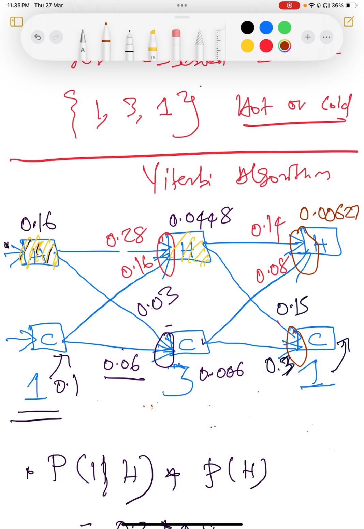What is 0.14 into 0.0448? You got 0.006272.